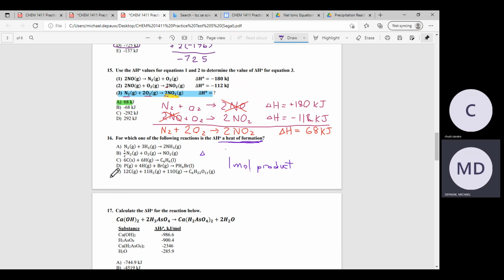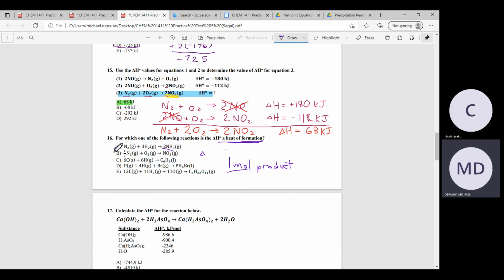It's A, because that's 2 moles of product. It has to be 1 mole of product to be an enthalpy of formation. All the rest of them are 1 mole, but not that one. So we can cross out A.